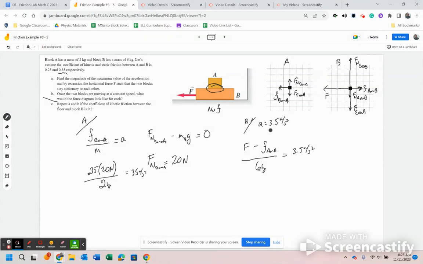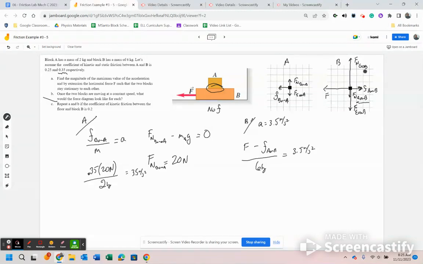Because we are looking at the surfaces of A and B, and that they're not sliding across each other, this will be essentially the same calculation here for the force of friction of A on B, because we'd be using the normal force of A on B as the normal force that is relevant to this problem.